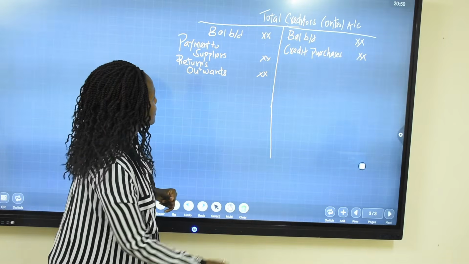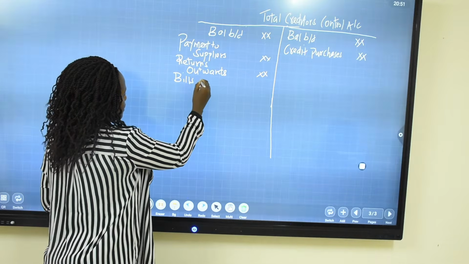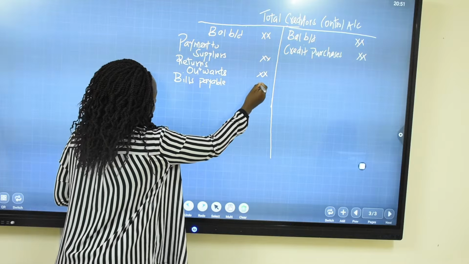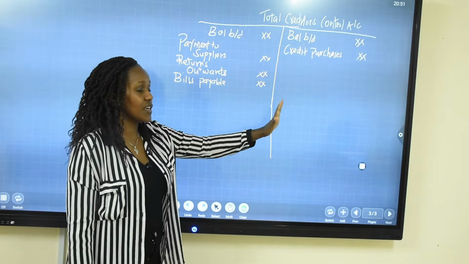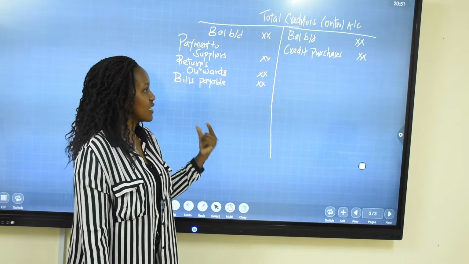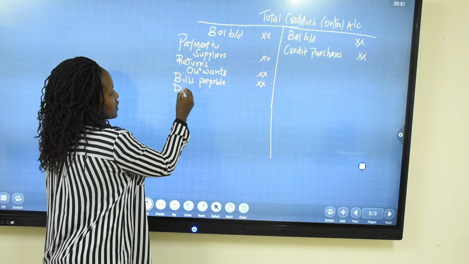At the same time, once we give them some bills payable, the total obligation to creditors is going to reduce. We can also have discount received.